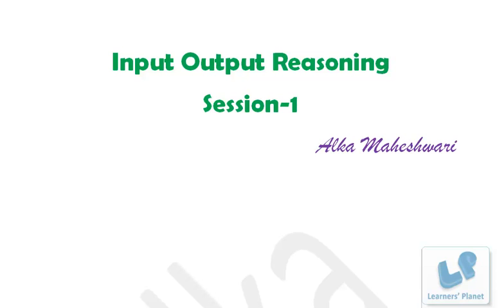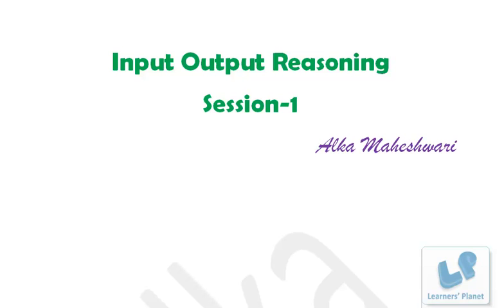Then a question is asked in which certain steps are given and the students have to answer the questions based on input and output. Now, as I already told you, there is no fixed pattern of input and output. So sometimes it takes time to understand the correct relationship between input and output. That is obviously time taking.